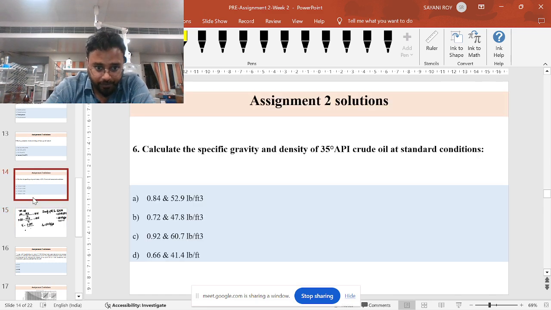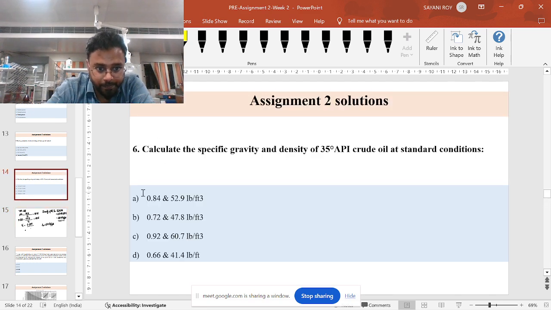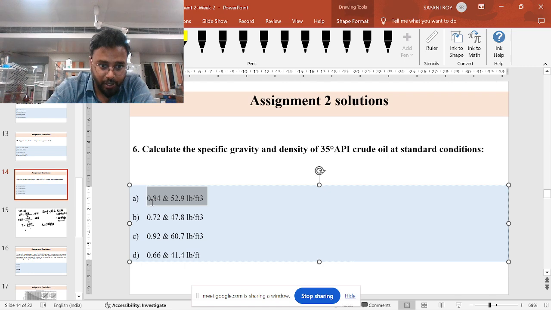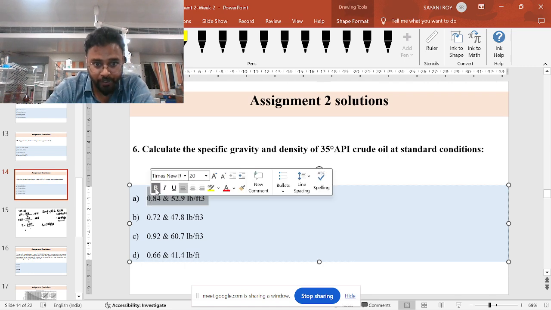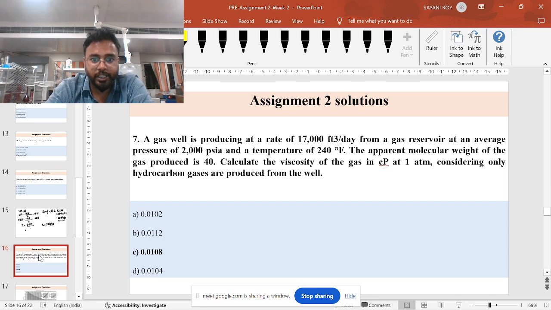So the correct option will be option A, 0.84 and 52.9 lb per feet cube. So let me go to the next question.